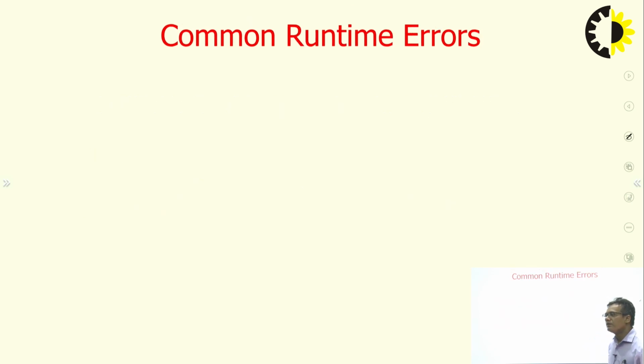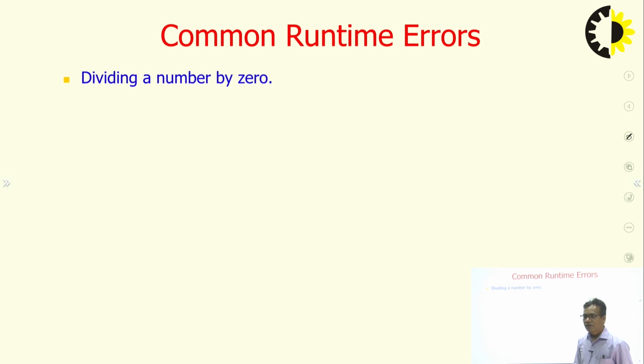What different kinds of runtime errors can occur, we will discuss here. Take a scenario where you are dividing a number x by y and getting the result z.